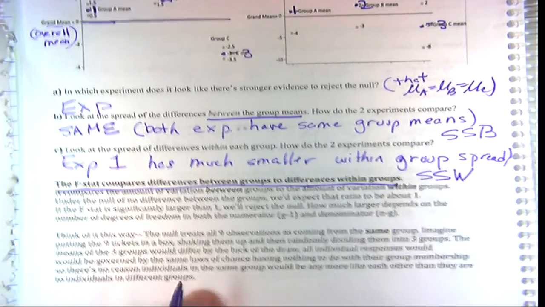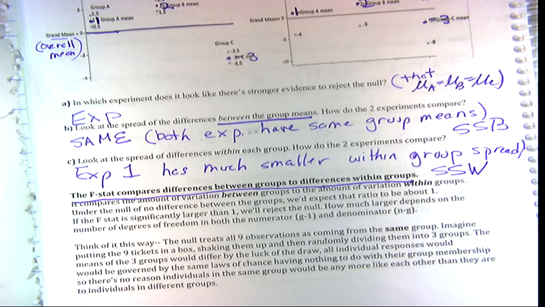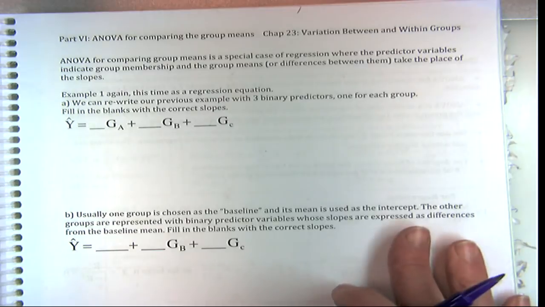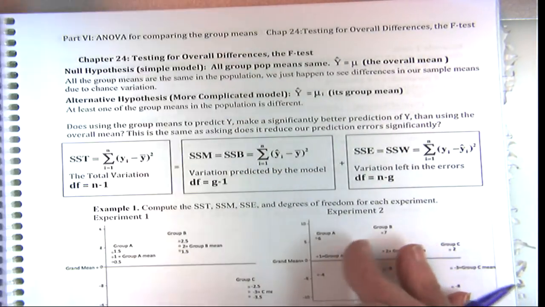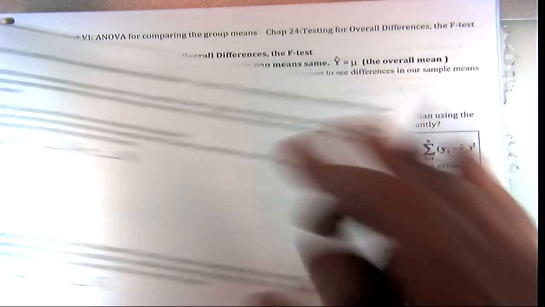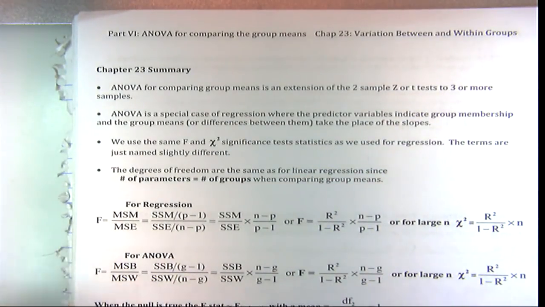Here's just another intuitive way to think about it. Maybe we should go to the next page. Before we do this page, why don't we skip to the summary, the Chapter 3 summary, and then go back to this. So let's look at our Chapter 3 summary.